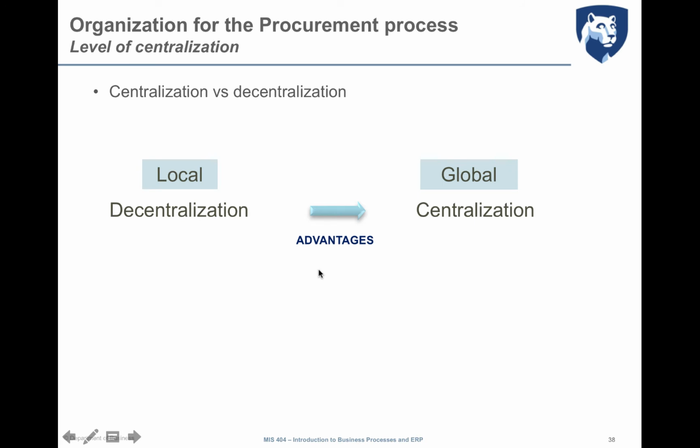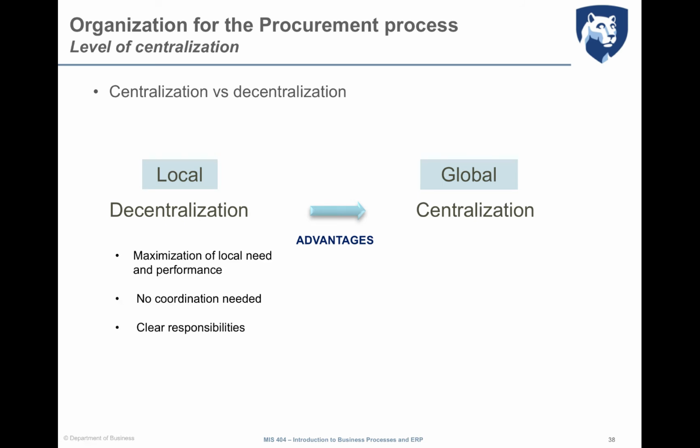Which are the advantages and disadvantages of centralization and decentralization? When I push toward more decentralization, of course I maximize local needs and local performance. I don't need coordination, because each geographical area, each local business unit can do whatever it wants in terms of purchasing process management, and clear responsibilities are defined.